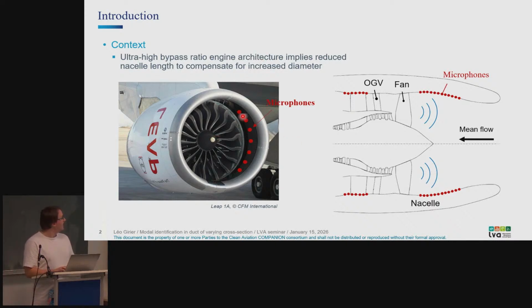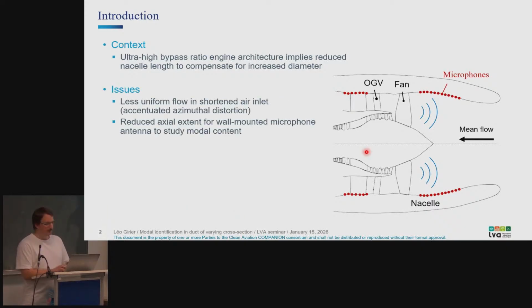And the problematic here is that with the current trend of this type of architecture, the engine diameter tends to increase, and to compensate for the weight, its length is reduced. So in this case, we have less place to put a microphone in the air inlet because of the reduced space, which has a direct impact on the resolution of the mode identification.